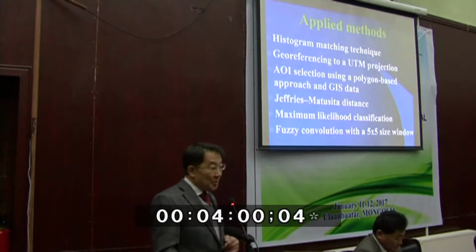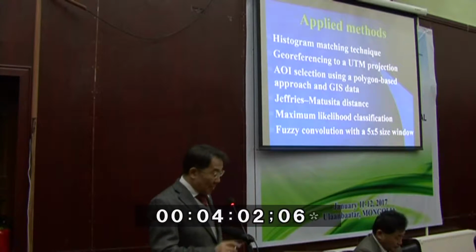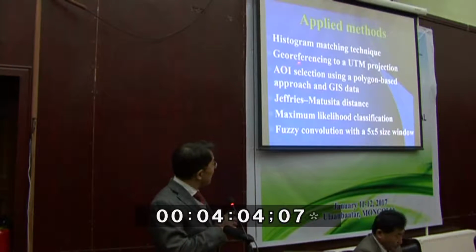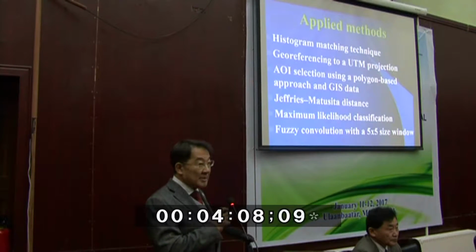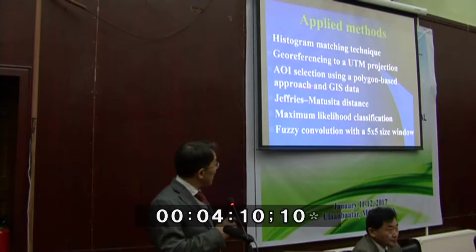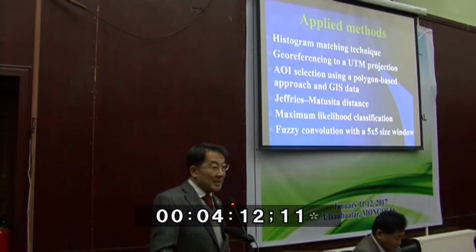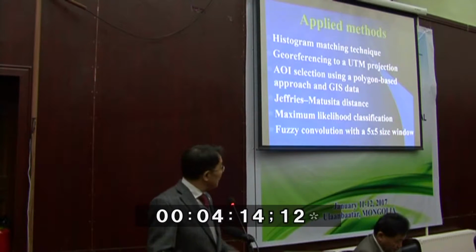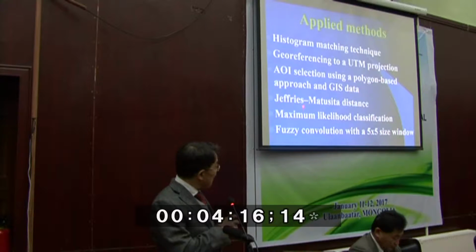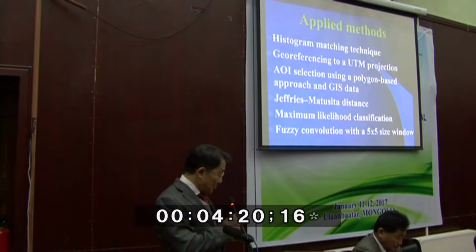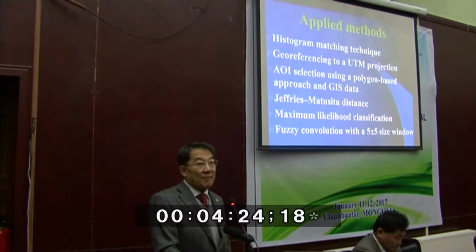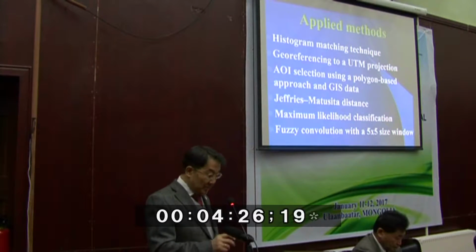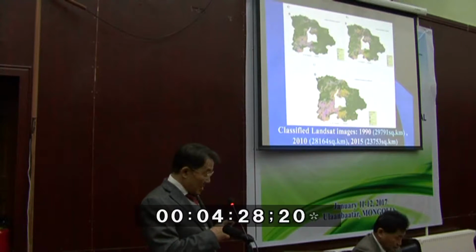The applied techniques are histogram matching, georeferencing to a UTM projection, selection of areas using a polygon-based approach and historical GIS data, Jeffries-Matusita distance, maximum likelihood classification, followed by fuzzy convolution with a 5x5 window size.